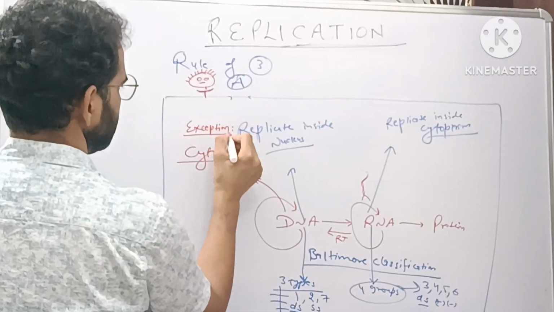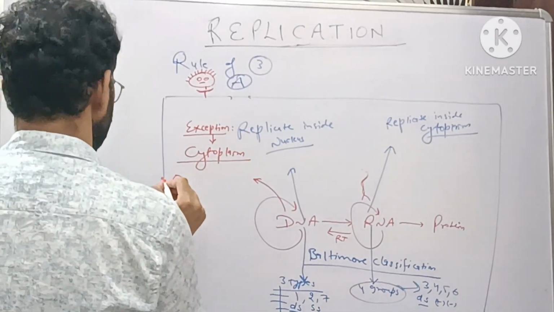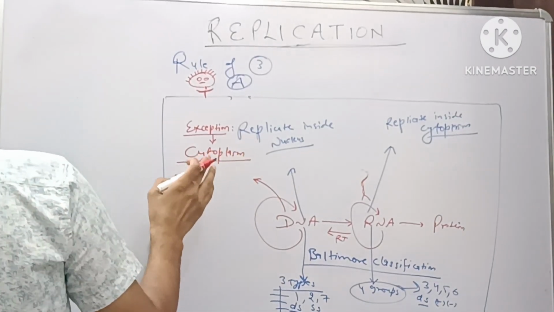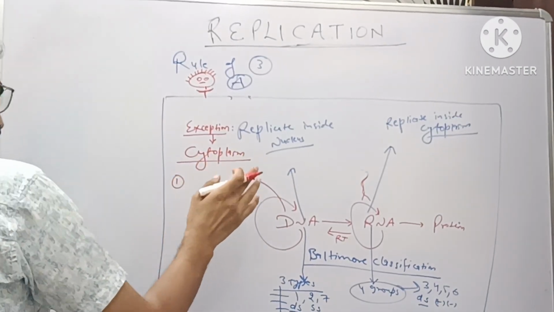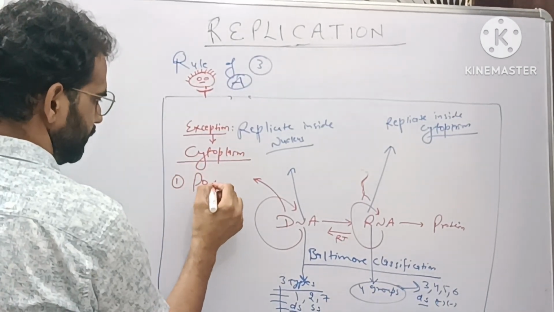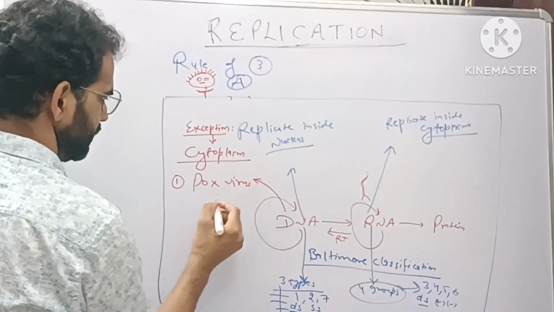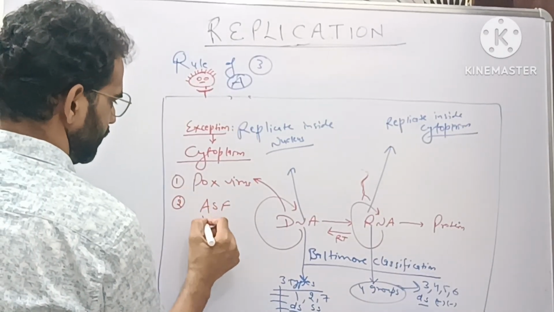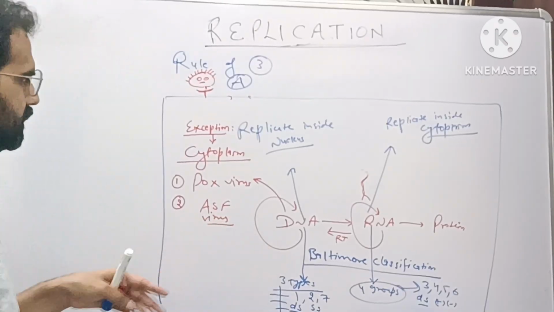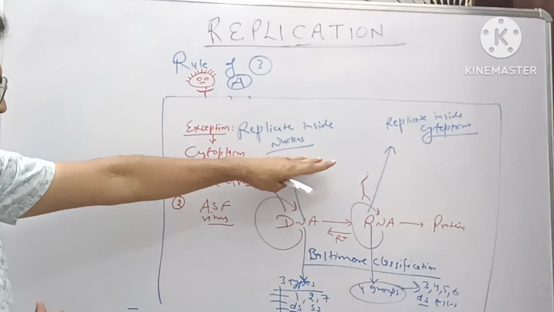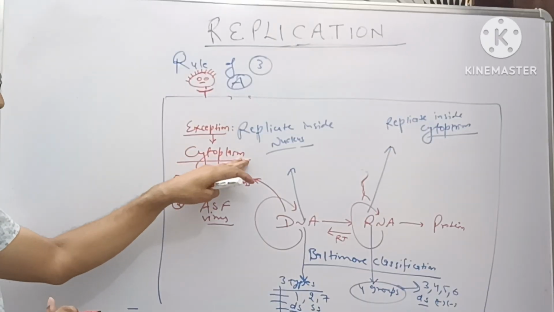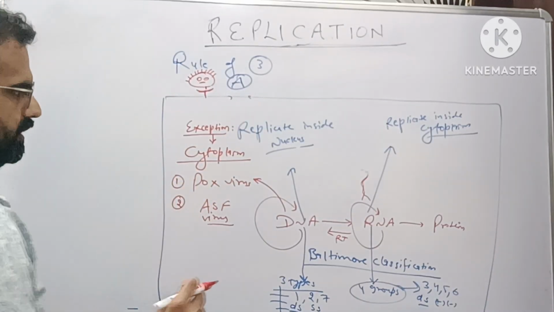Exception to the rule number 1, the DNA viruses which replicate in the cytoplasm are number 1 pox virus and number 2 African swine fever virus. So in general, DNA viruses replicate inside the nucleus. Exception is cytoplasm: pox and African swine fever.